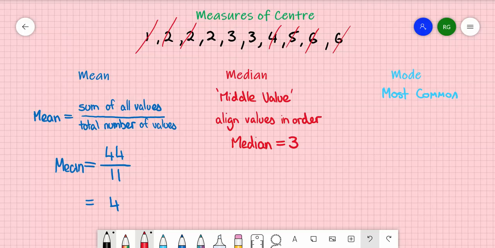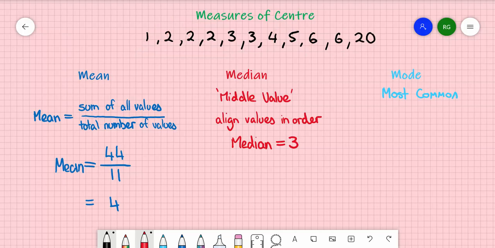But what would happen if it was 2 and 3? We simply get the average or the mean of those two numbers. So halfway between 2 and 3 is obviously 2.5, or you add them together. 2 plus 3 is 5, and divide it by 2, because there are two numbers, which is also 2.5.